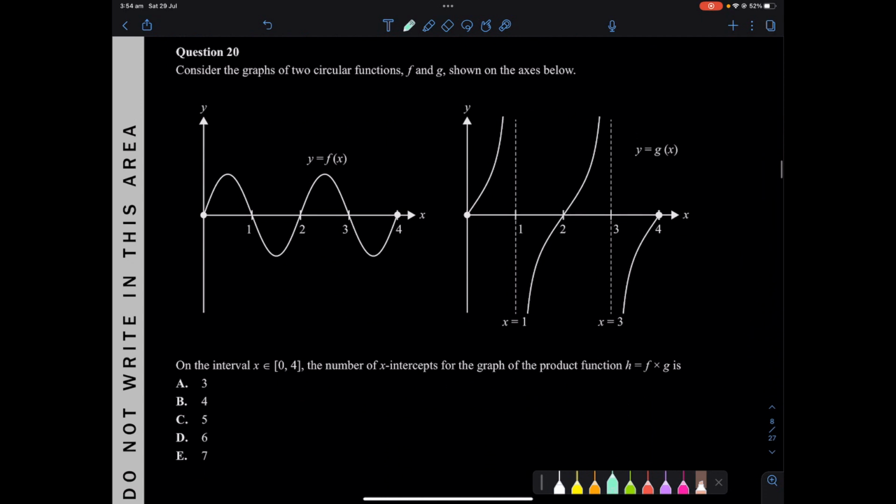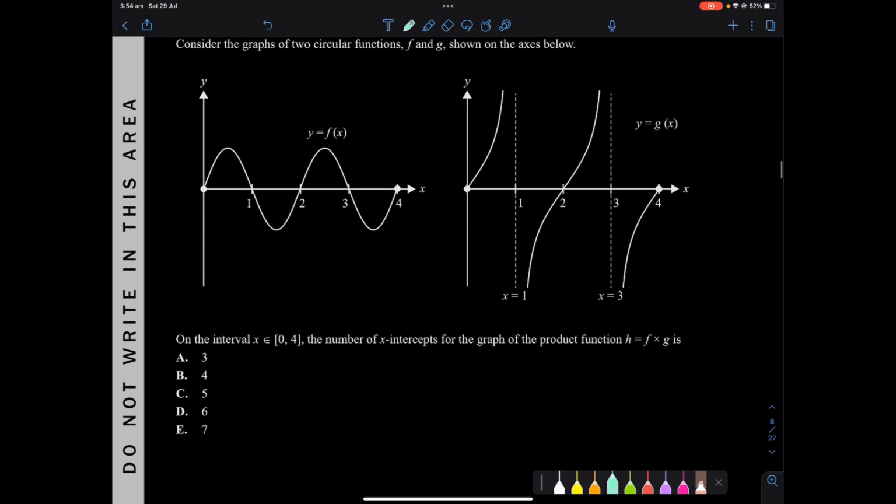Last question. Consider the graphs of 2 circular functions f and g shown below over the interval 0 to 4. Both have 0 to 4. The number of x-intercepts of the graph of the product. Well, that's easy.